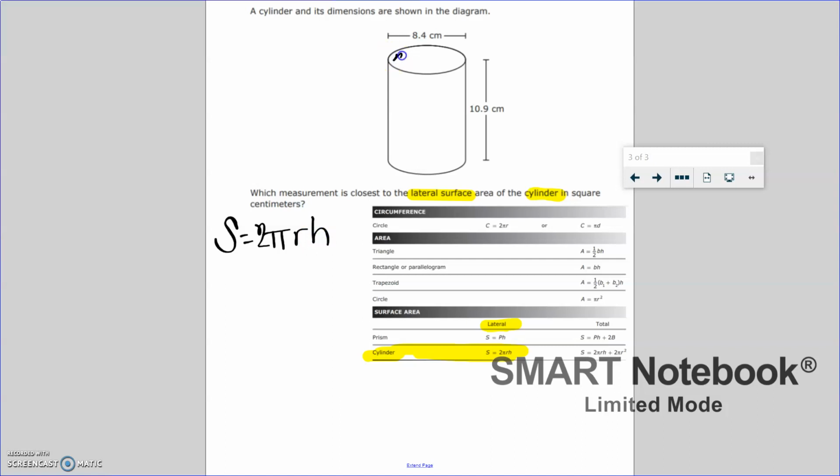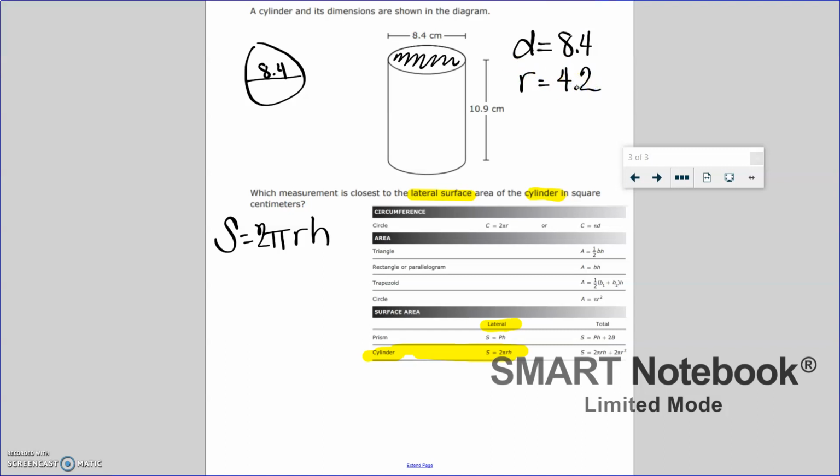So this is my base, which is a circle. In this circle, they give us a diameter of 8.4. So if my diameter is 8.4, that means my radius is 4.2 because my radius is half of my diameter.